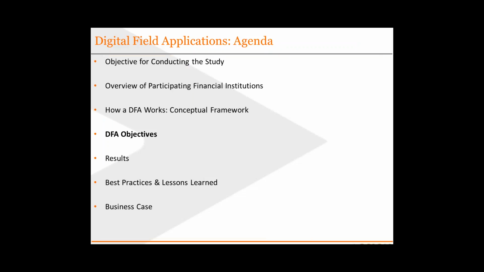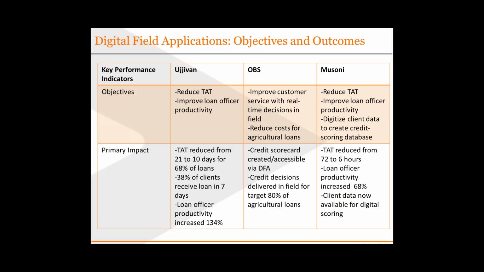So we'll talk a little bit now about the objectives of each institution. Across all three, a common theme was to reduce turnaround time from the beginning of the loan application to the disbursing of the funds, and associated with that to improve loan officer productivity, enable them to turn around more loans more quickly, and in that way also serve customers more efficiently and with better service.